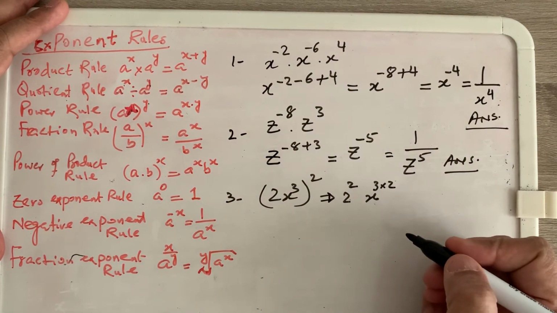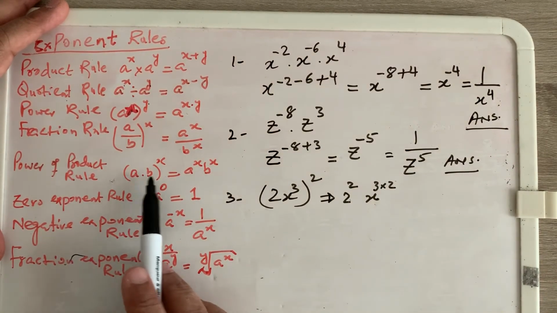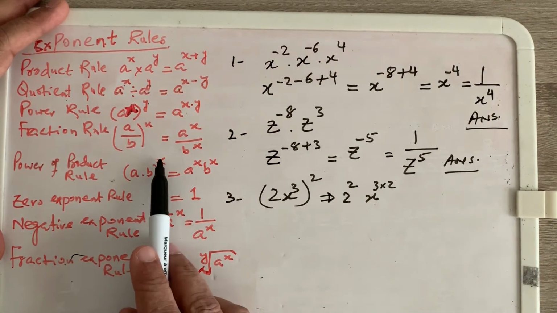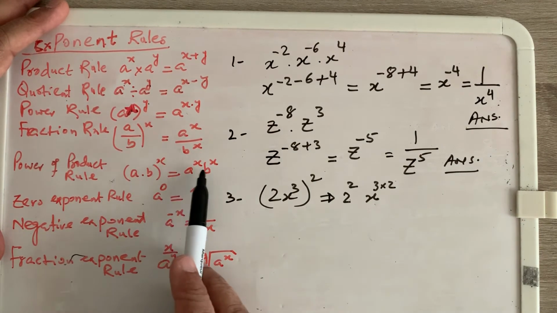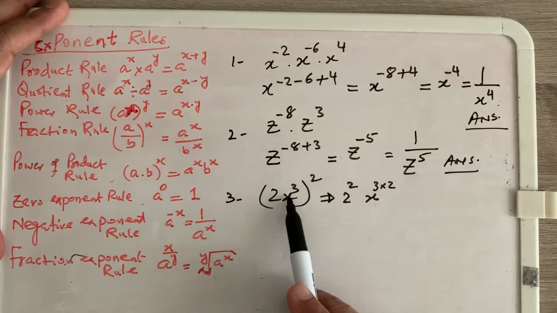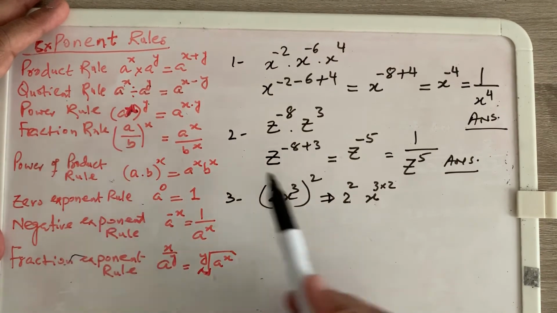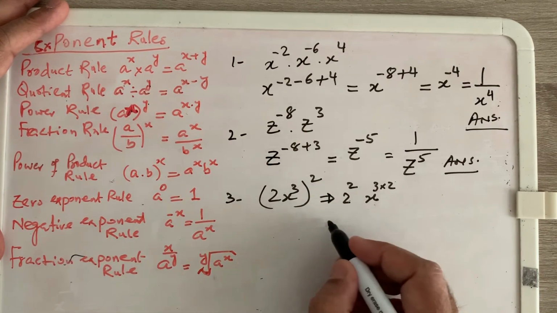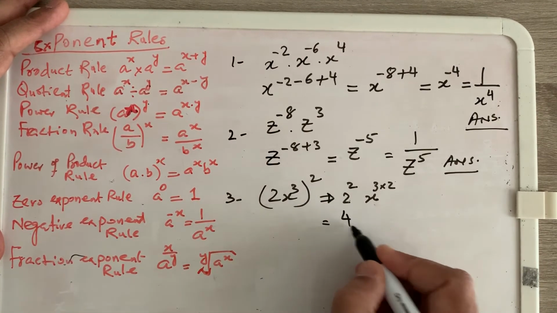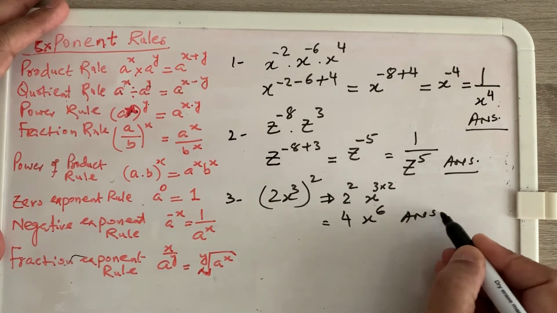Two rules, right? Because the power of a product rule says that if two things are raised to a power, then everything has that power. So 2 has the power and x also has the power, but for x it will be the power rule. So 3 times 2 is 6. So my next step will be 2 to the 4 and x to the power 6. This will be my answer for this example.